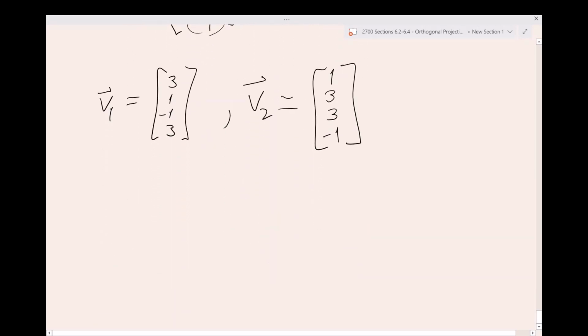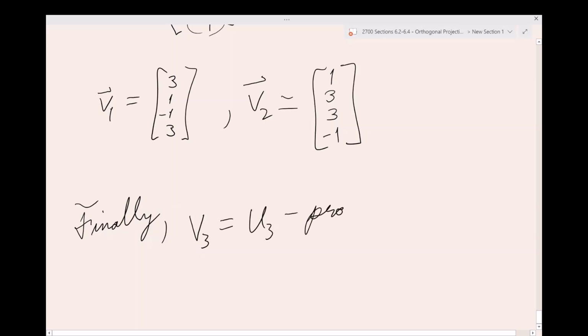Finally, we had 3 vectors in that basis, so we have to keep going. v3 is going to equal u3 minus the projection onto each of these previous things, so onto v1 of u3, minus the projection onto v2 of u3.